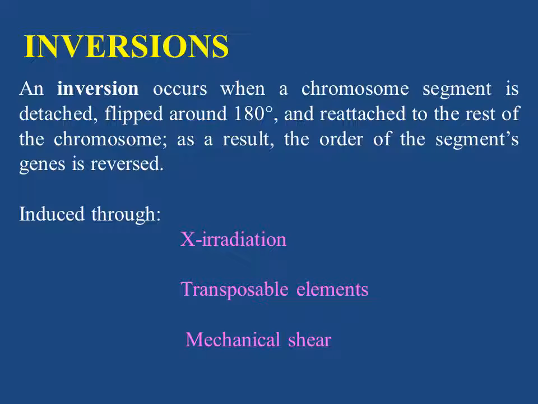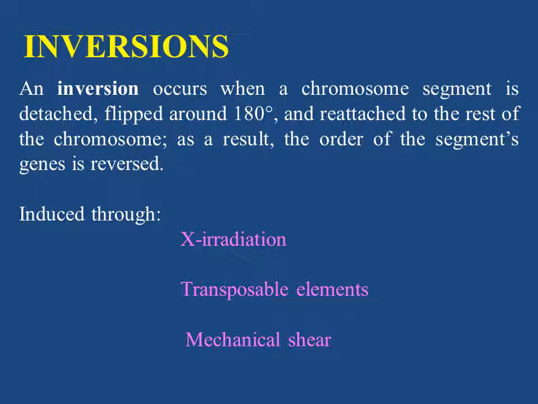Inversion occurs when a chromosome segment breaks. A small portion of the chromosome breaks, or detaches from the chromosome, and is flipped around 180 degrees. So it will take a turn and then reattach at the original position.